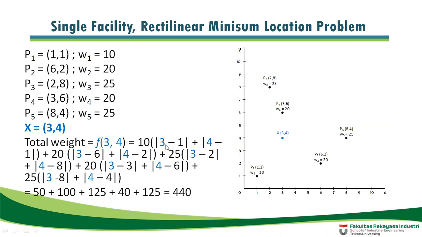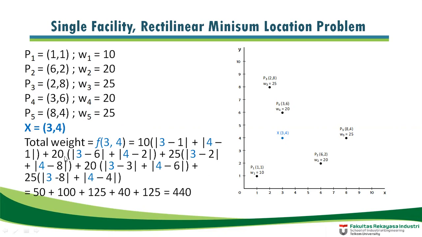So 3 minus 1, the absolute value of the subtraction between 3 and 1, added with 4 minus 1, where 1 belongs to the y coordinate of P1. And then don't forget to multiply it by 10, since 10 is the weight for P1.